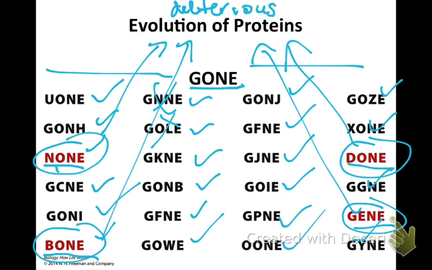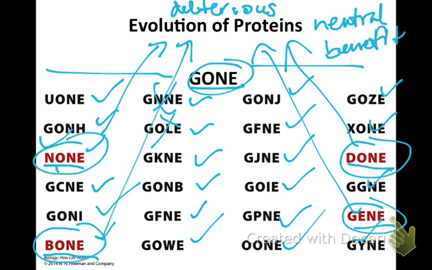Deleterious. They may be neutral. They may not have any differences in the protein function at all. So, we want gone, that's what was in the genetic code, but none will work just fine. It doesn't really matter. Or it could be beneficial, like it could add an element of benefit, or an additional benefit that is selected for over time.